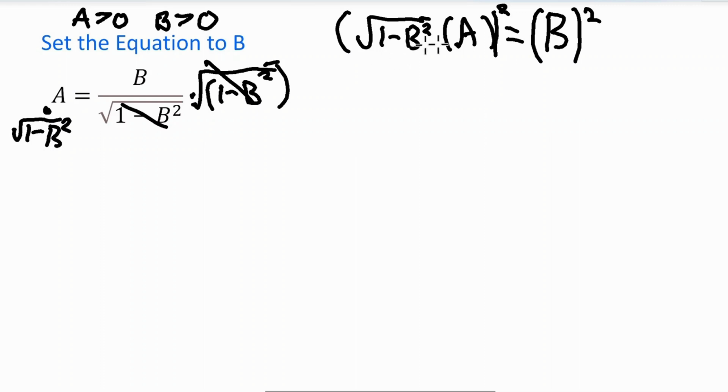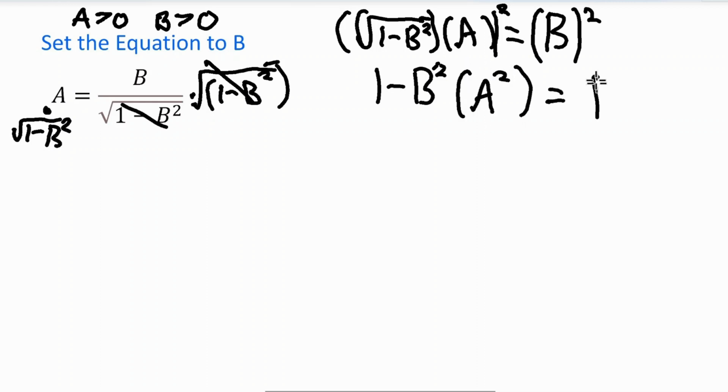Since these two are multiplied, we can just square each individually. The square root of 1 minus b squared just becomes 1 minus b squared with no square root, and then times a squared is equal to b squared.